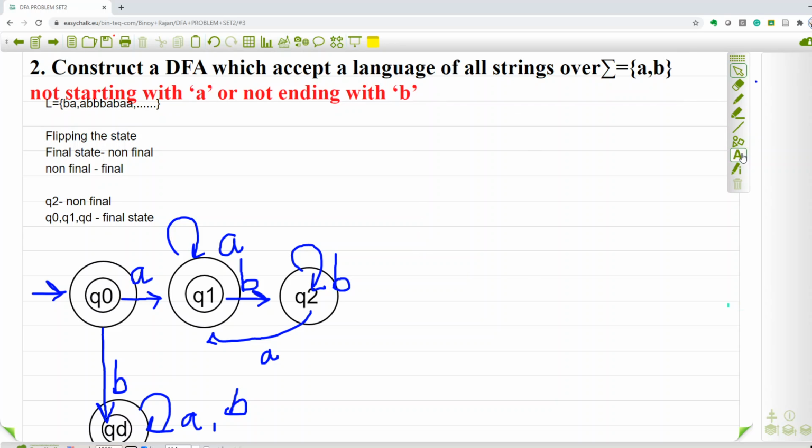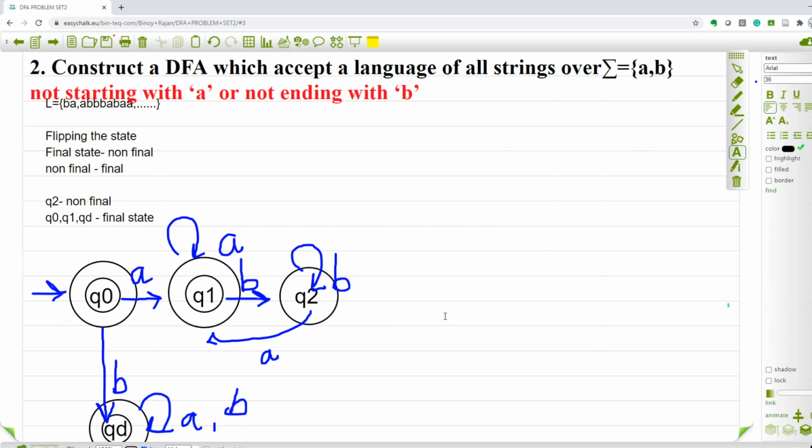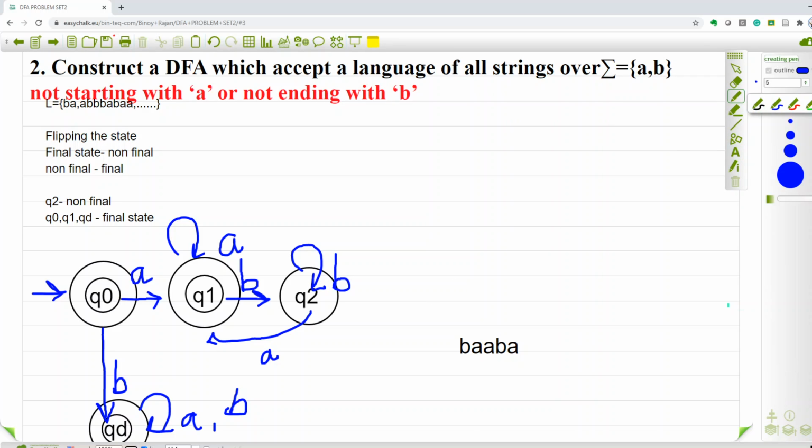Now let's try with a sample input. Let's consider a string starting with B at the moment: B A B. So it's not starting with A and not ending with B. So let's consider Q0 with B as the input symbol, I reached QD.